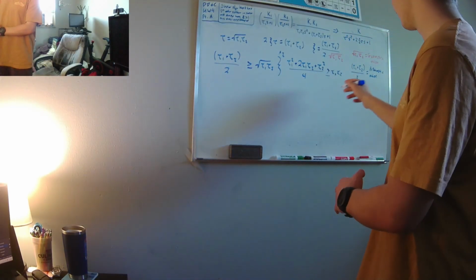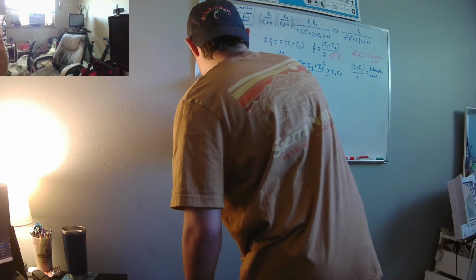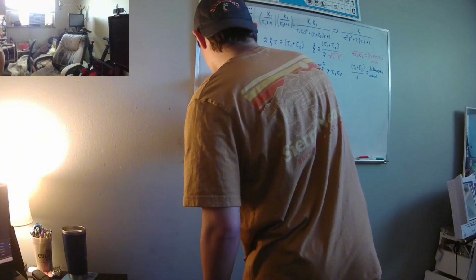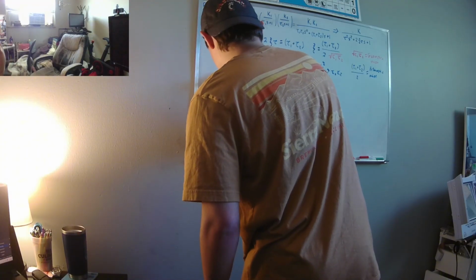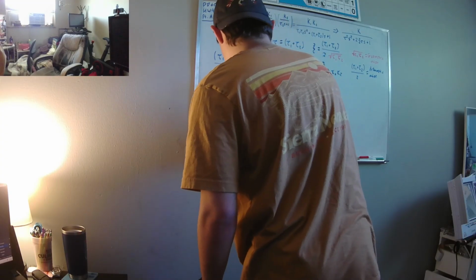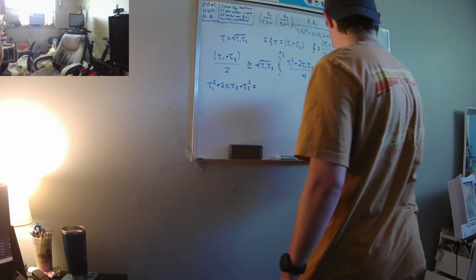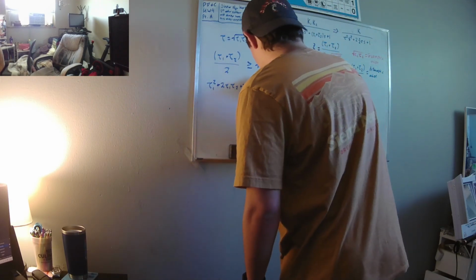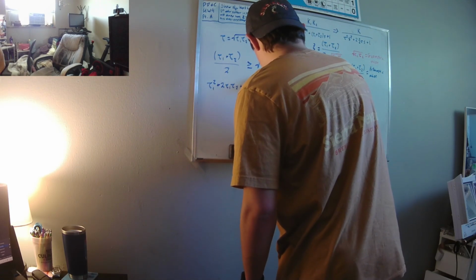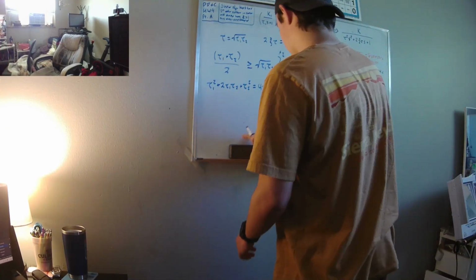If we multiply over that 4, what we get is that tau 1 squared plus 2 tau 1 tau 2 plus tau 2 squared equals 4 tau 1 tau 2. Oh, not equals.